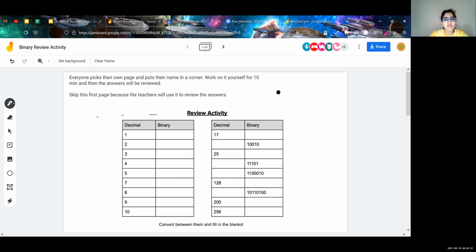Let me annotate quick. So we would have 2 to the power of 0 as the rightmost base. Then 2 to the power of 1, then 2 to the power of 2, right?